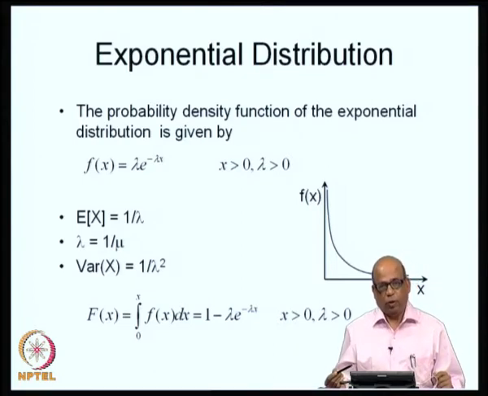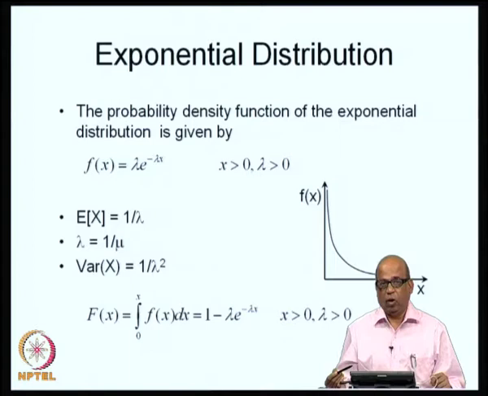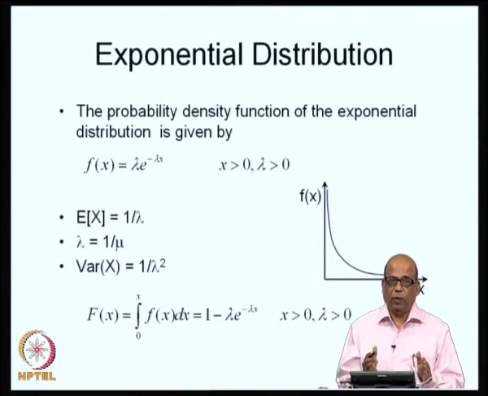But in hydrology and water resources, we do not so much talk about component failures, we talk about functional failures. Say, for example, we may be interested in hydropower generation at a particular location, and whenever it falls below a particular threshold, we call it a failure. Then we will be interested in the distribution of the time between two failures.